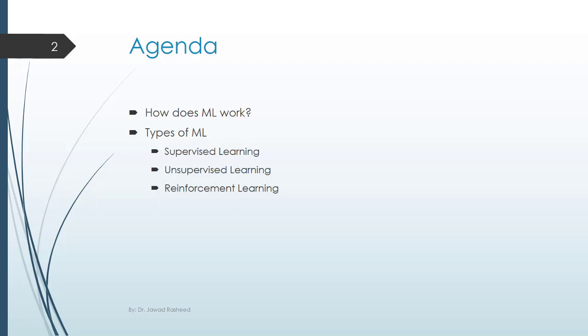These are the three basic machine learning types, and we will discuss in detail how these types are different, how they work, and what are their examples, how they are implemented in different domains in medical, healthcare, in banking, in retail, and in other domains. We will discuss this in detail in this session.